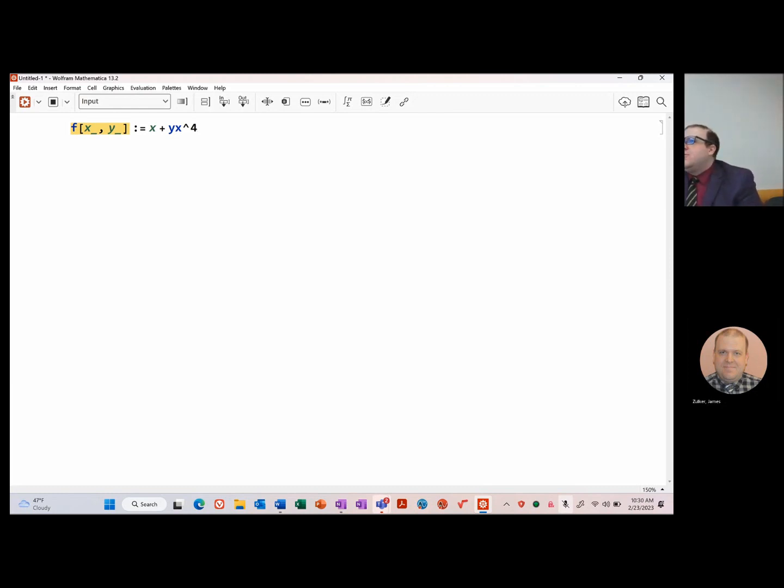Notice that y and x are both blue when they should be green. You cannot do implied multiplication. It is reading yx as a single variable, not two variables. So it's actually reading this as the variable yx all raised to the fourth power instead of y times x to the fourth.